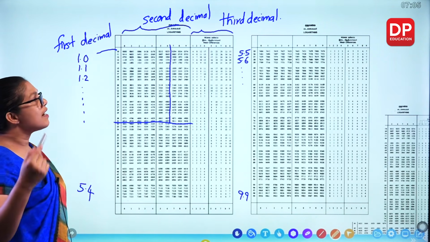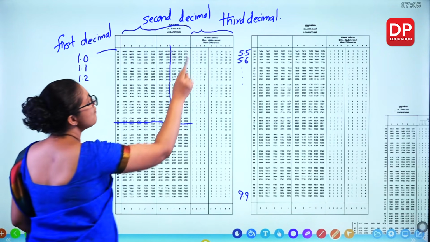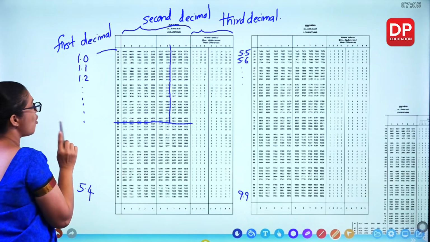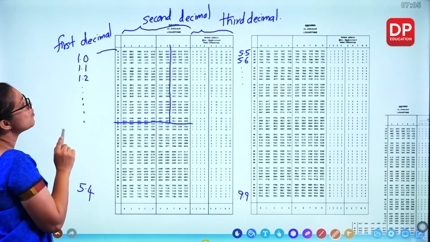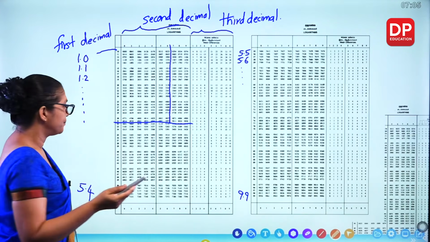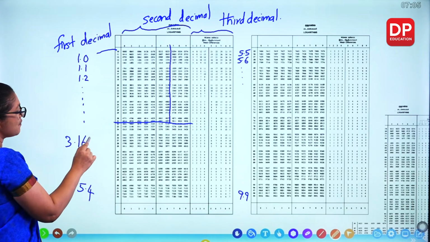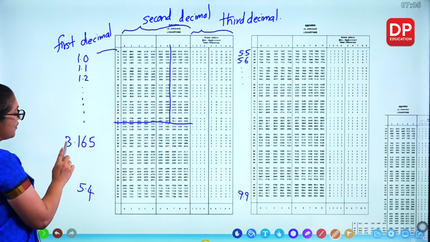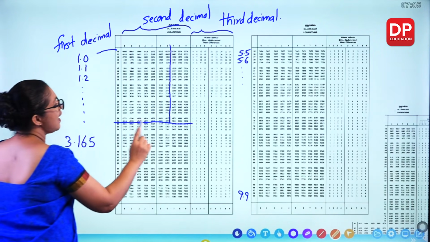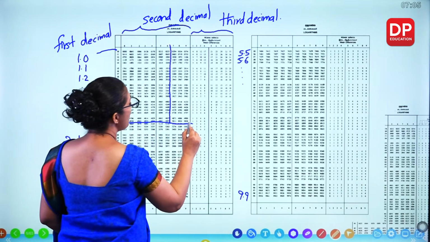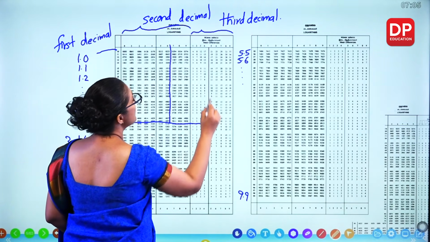If you want another decimal place, you have to refer to this column. So if I say I want to refer to 3.165, how do we do it? 31, and then 6 from this column and 5 from this.